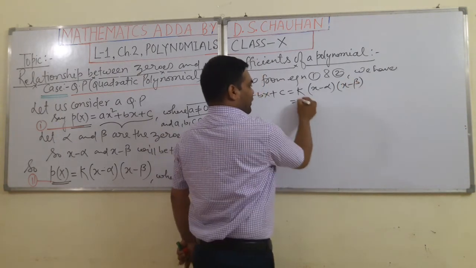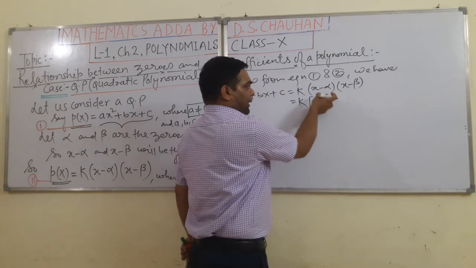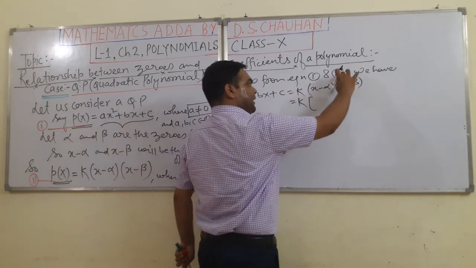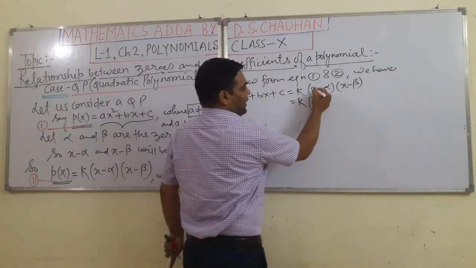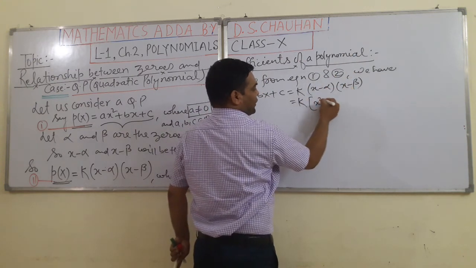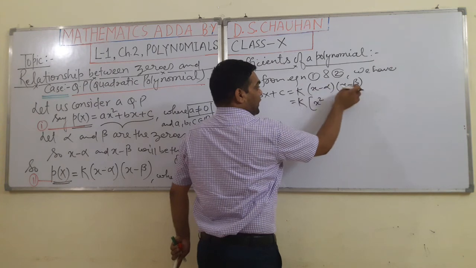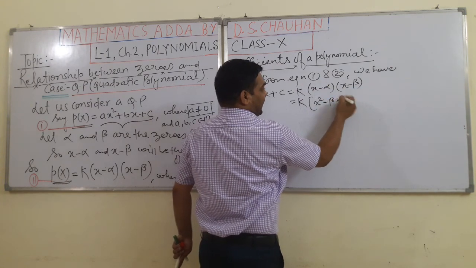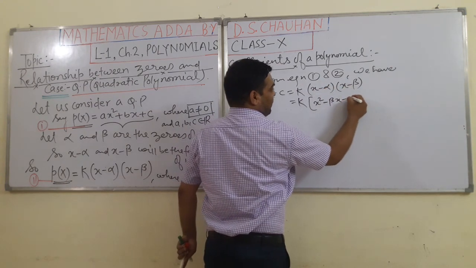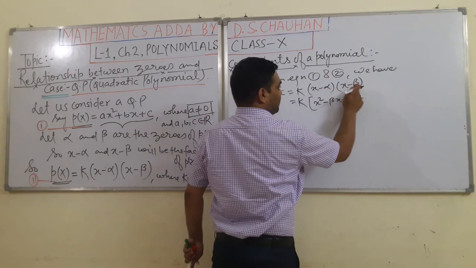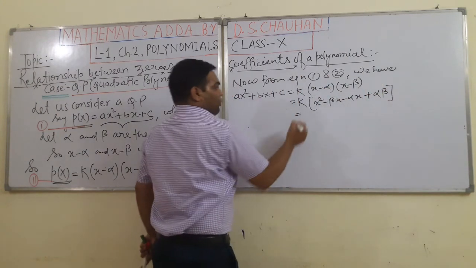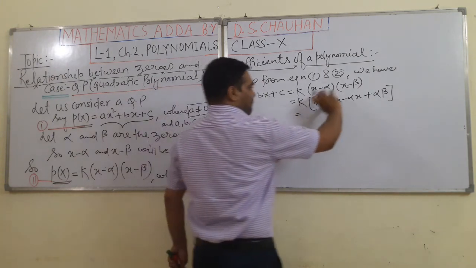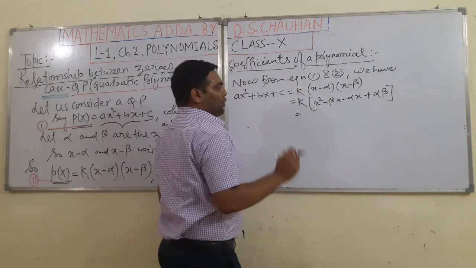Well students, now we are going to multiply this factor by another factor. x into x is x square, x into minus beta is minus beta x, and minus alpha into x is minus alpha x, and minus minus plus is alpha beta. Now we are going to multiply this complete expression by this non-zero real number.